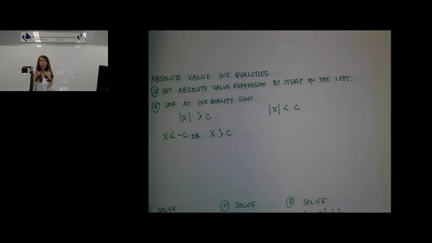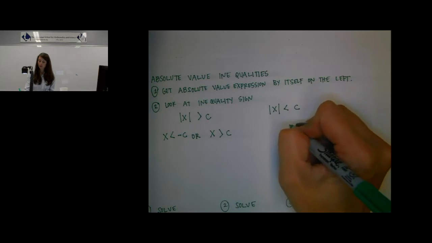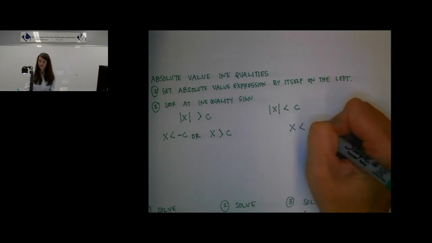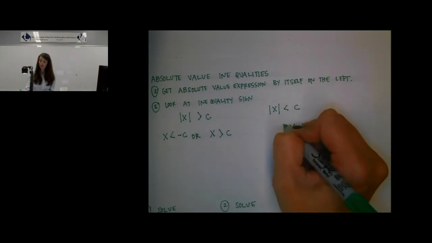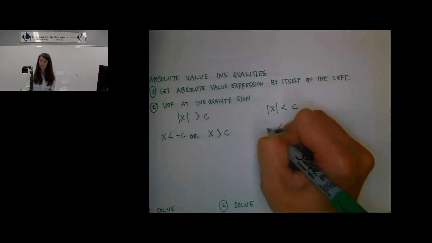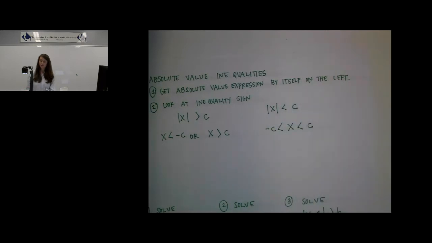So it's going to be the compound and, where you're getting everything by itself in the middle. So here, you're going to have x is less than c. And over here, you're going to have x is greater than a negative c. So those are your two cases.